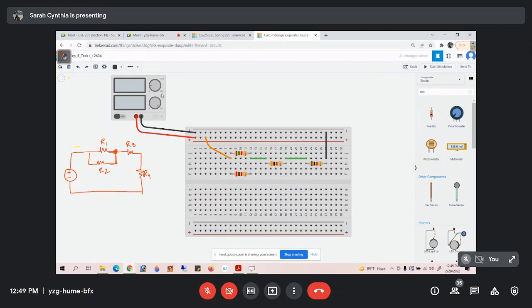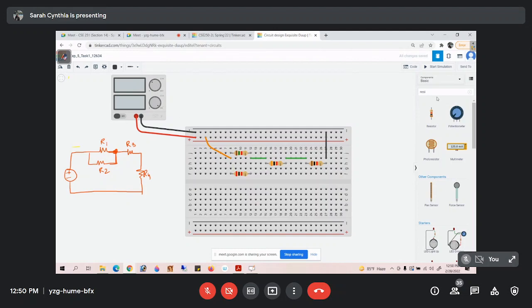Okay, so let us first define the voltage value. It is by default set as 5 volts. However, I'm going to put 10 volts. You may use 10 volts as well or a higher voltage, whatever you like.